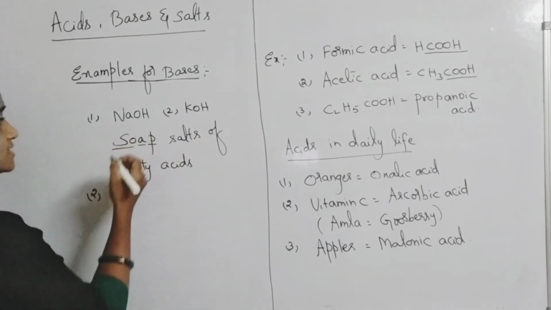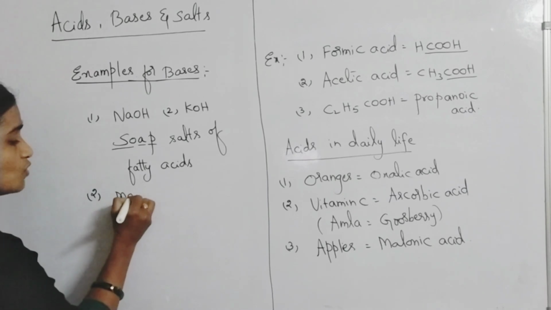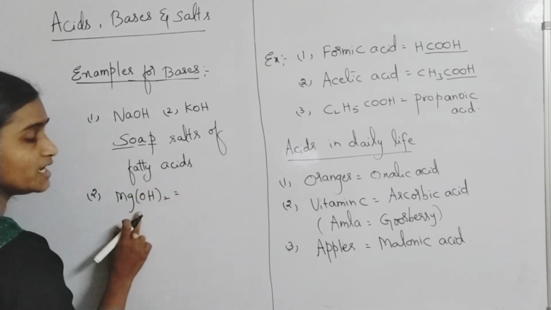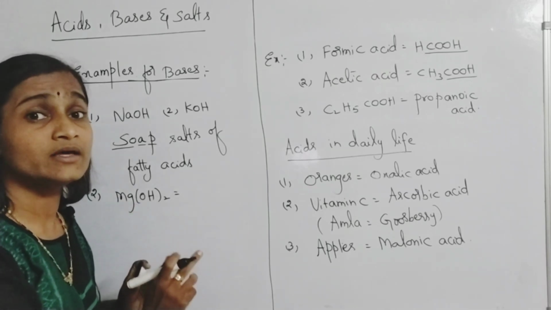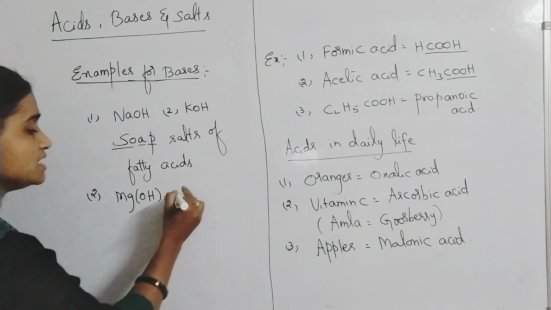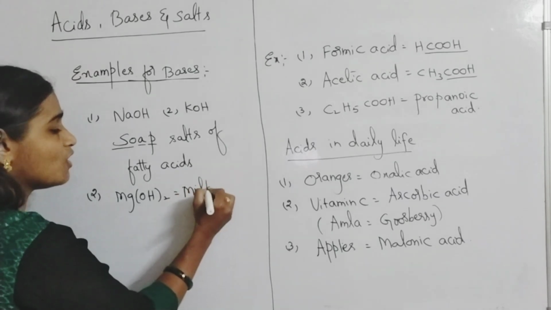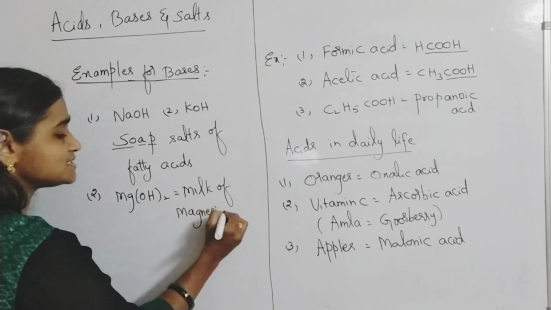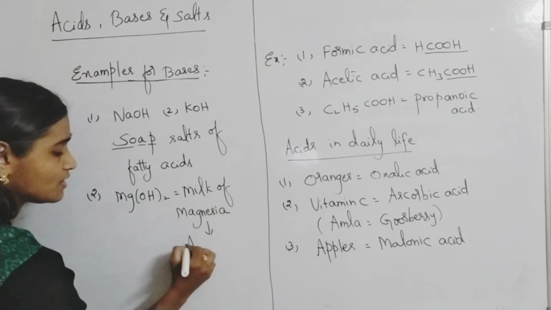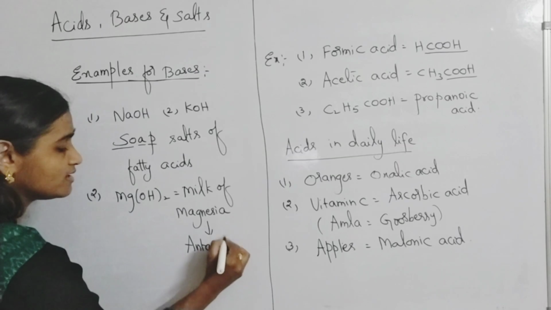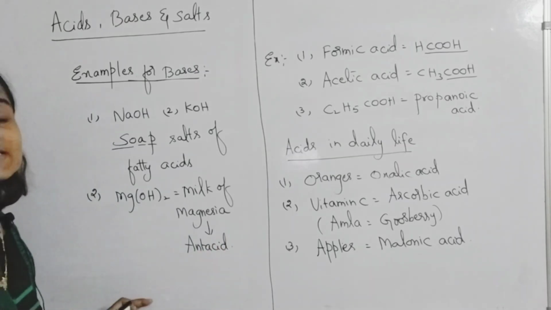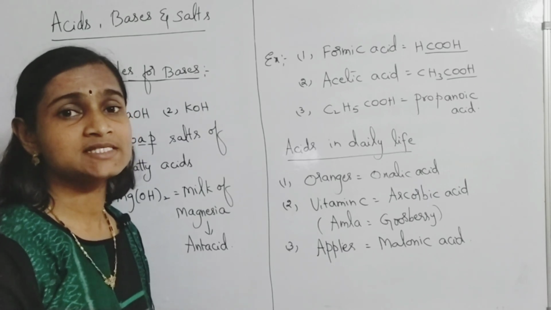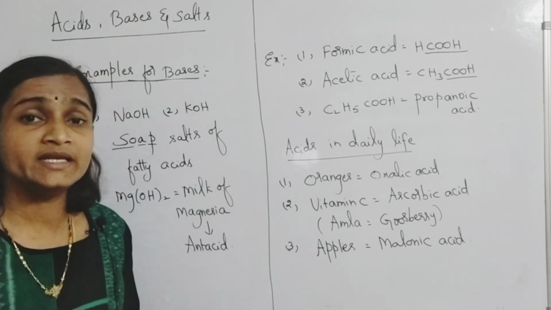Next, you have many examples like Mg(OH)2, which in other words you call magnesium hydroxide, its chemical name. Another name for this substance is milk of magnesia, which is generally used as an antacid. Antacid means anti-acid, a substance used for treating acidity produced in our stomach.